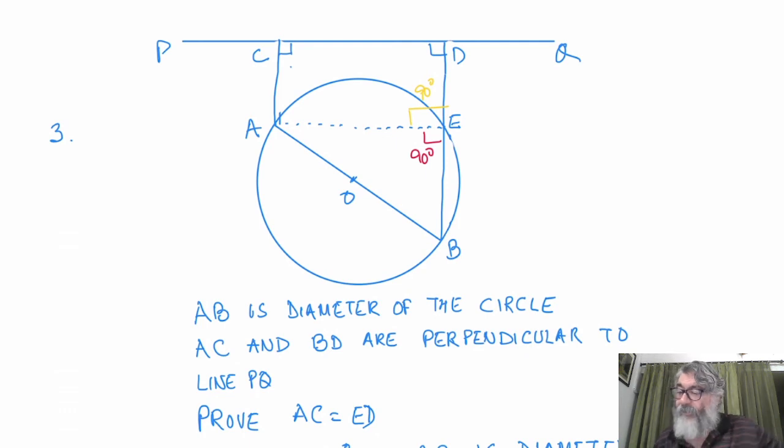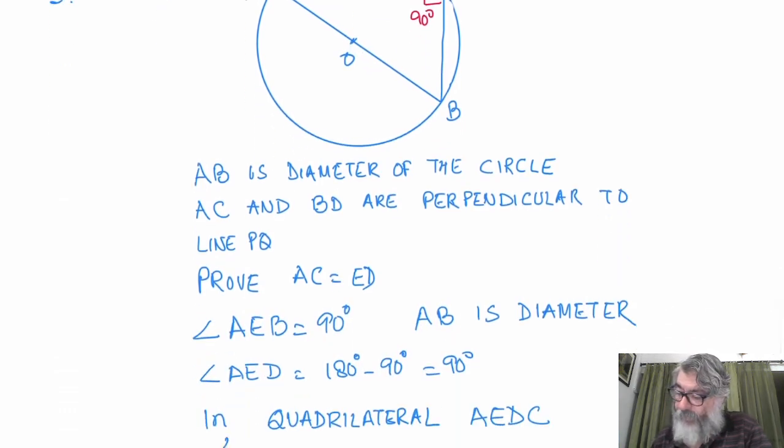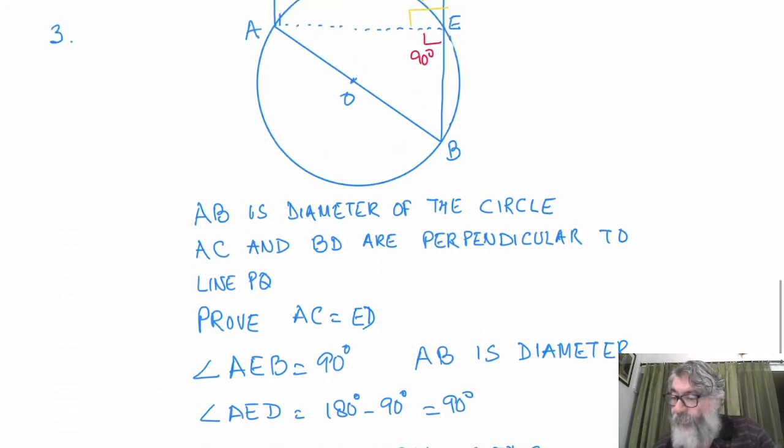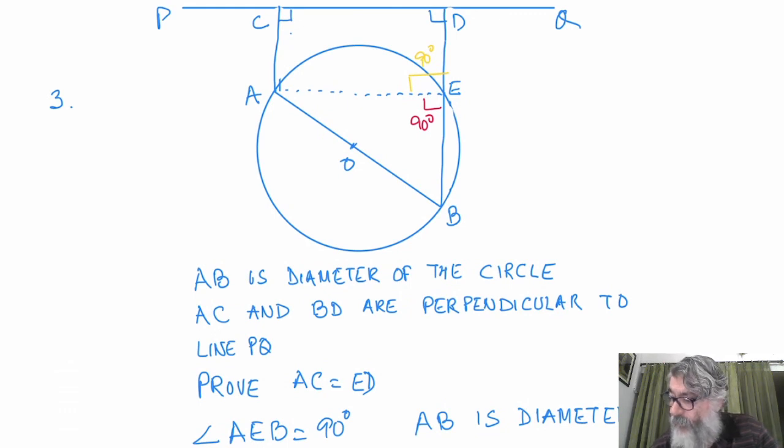So angle CAE will be 360 minus (90 plus 90 plus 90), which is 360 minus 270, giving you 90 degrees. Now all four angles of the quadrilateral are 90.